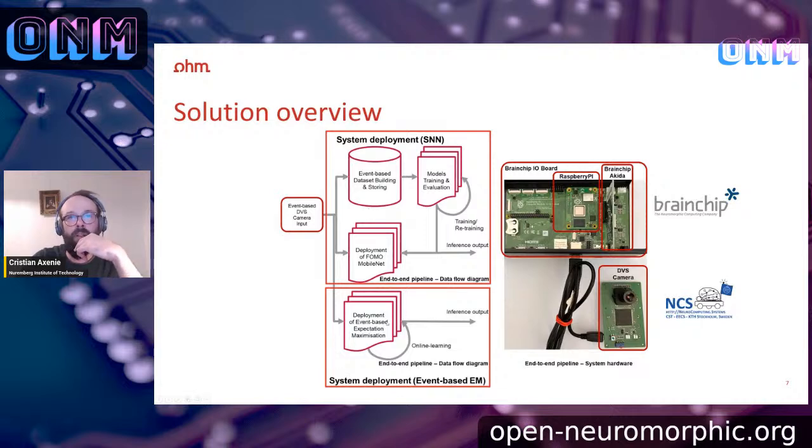And the other parallel pipeline looked at tracking, and it was an event-based expectation maximization algorithm. So basically, we took an EM algorithm and made it event-based for our task. Interesting is that we were able to have everything running on the embedded platform, but I'll guide you a bit through the solution life cycle.